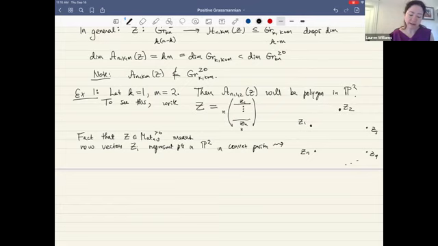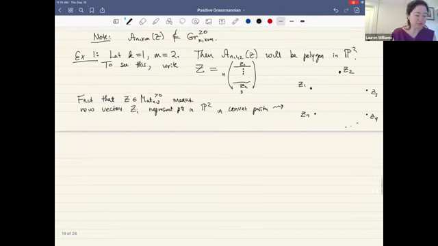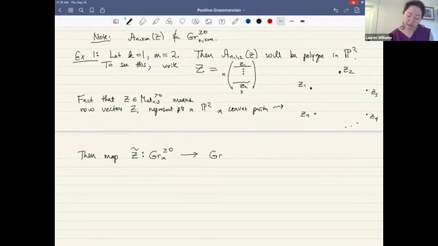And now let's go back and think about what the amplituhedron map does. So the amplituhedron map is going to be a map from the non-negative part of GR_{K,N}, which is GR_{1,N}, so just projective space, and the image lies in the Grassmannian of K-planes in K plus M space, which is GR_{1,3}, which is P2.